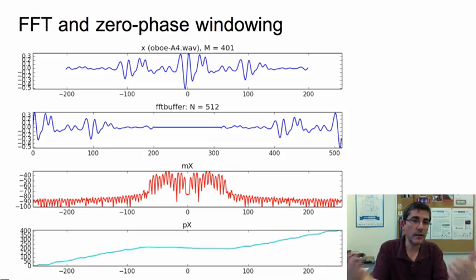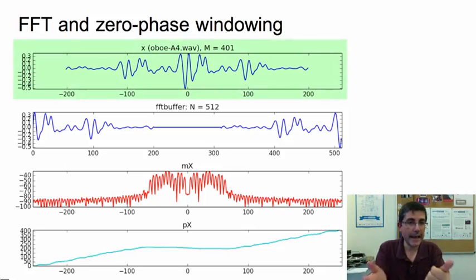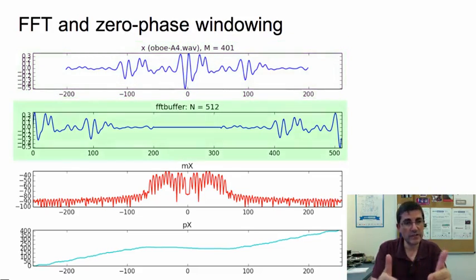If we start from a fragment of a sound, x, that has a given length, let's say 401 samples, and we want to use the FFT, we will need a power of 2. So the next power of 2 is 512, and we will add zeros. This representation has zeros, but it doesn't add them at the end.